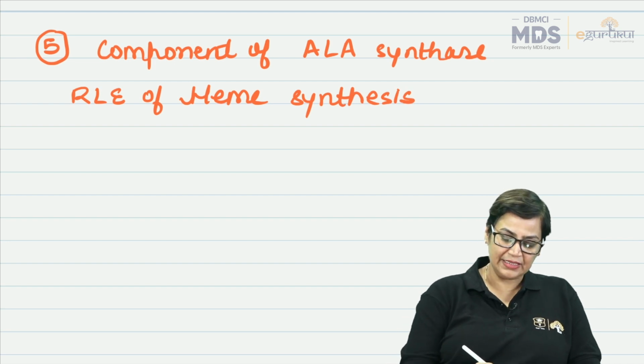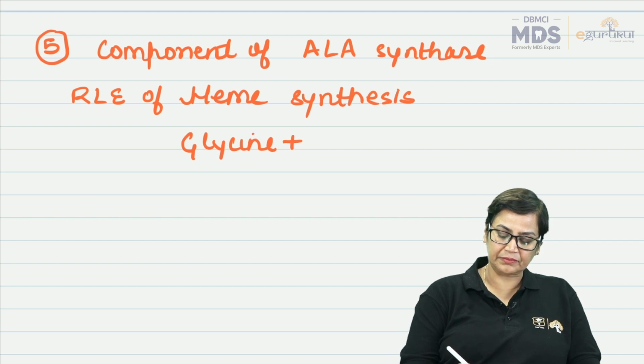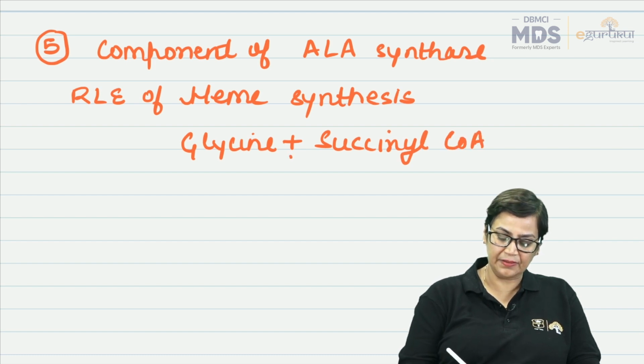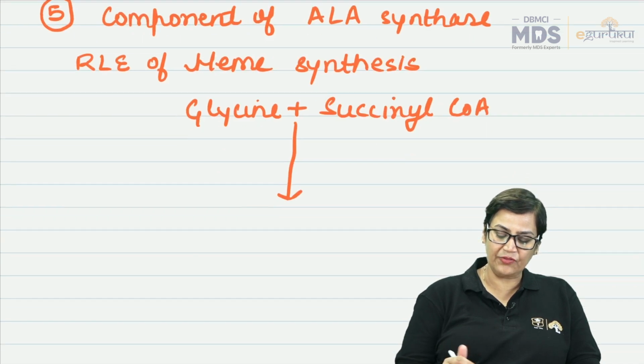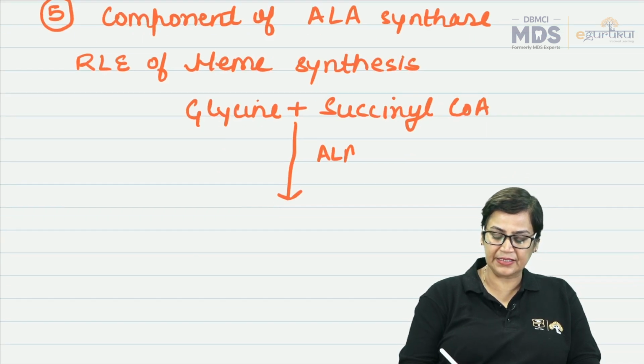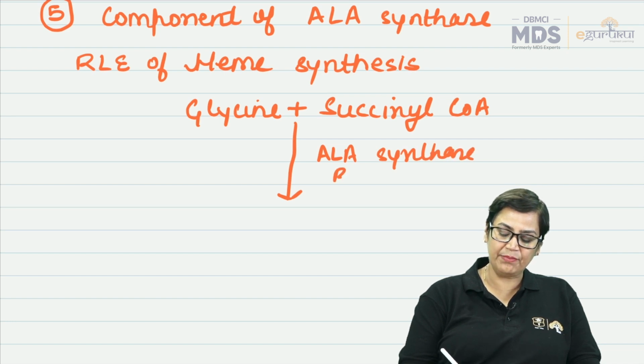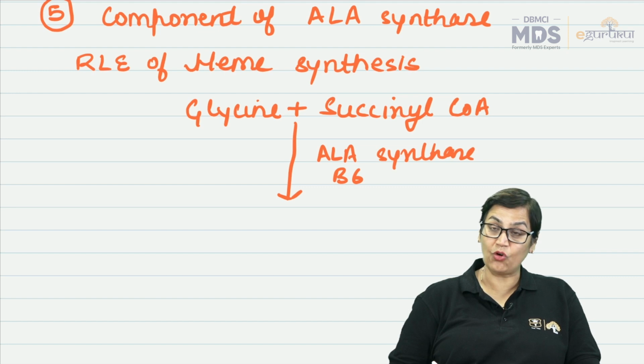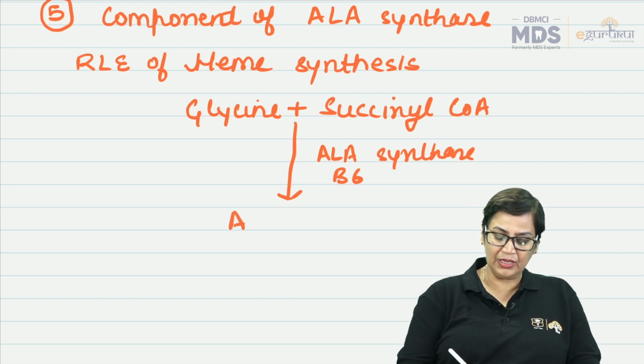And the reaction is this: glycine plus succinyl coenzyme A, in the presence of enzyme ALA synthase and coenzyme B6, forms what? Aminolevulinic acid.